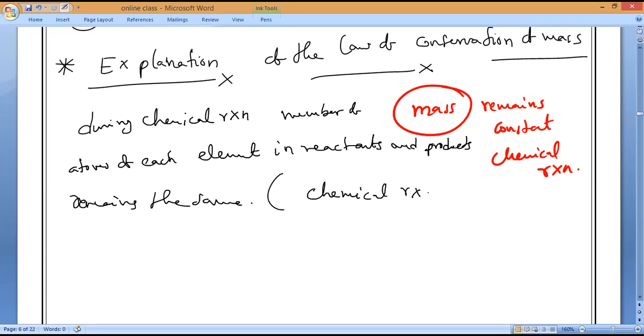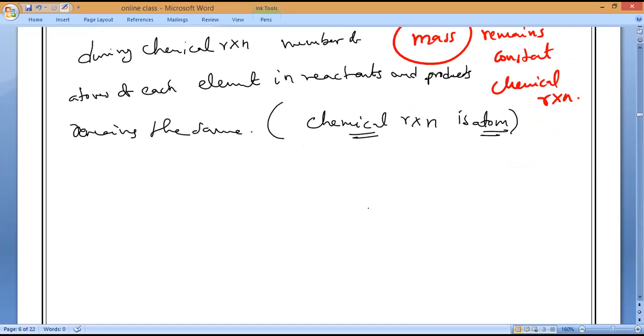Chemical reaction means what, Hari? A chemical reaction is because of atoms. That is why Dalton considered chemical reaction to be about atoms, so the number of atoms always remains constant.